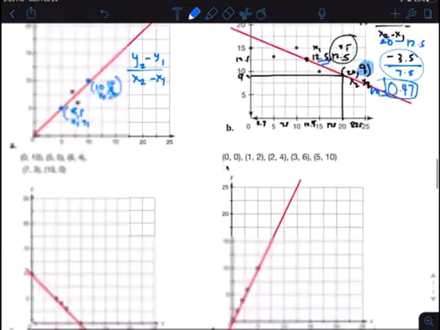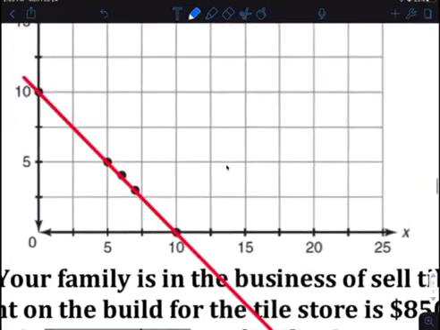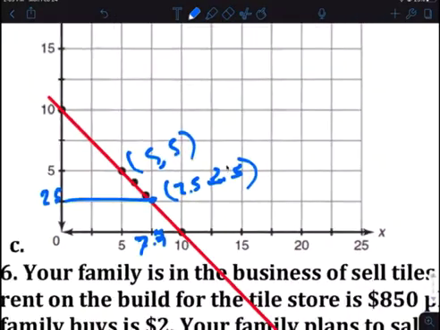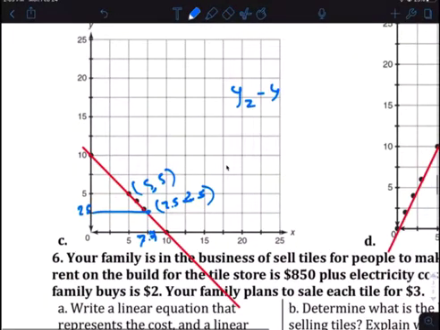So for the rest, that's what you do. You use your graph and you do 5, 5, and okay, this is a good one. That's 2.5, that's 7.5. Then you do y sub 2 minus y sub 1 over x sub 2 minus x sub 1. All of you can have different answers than me.